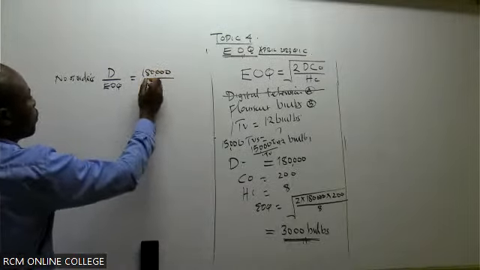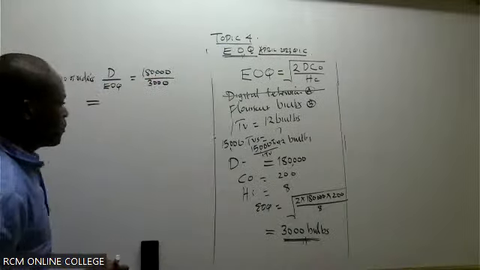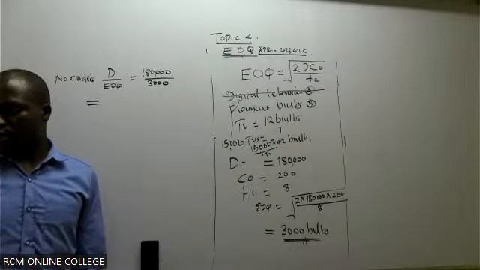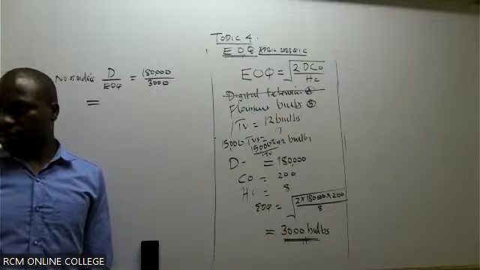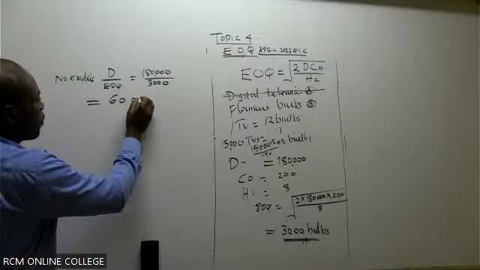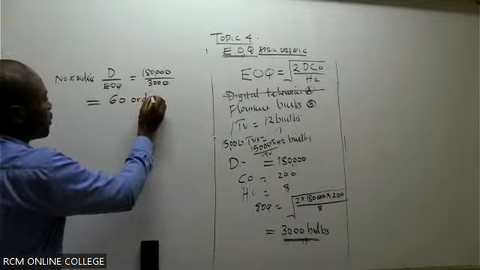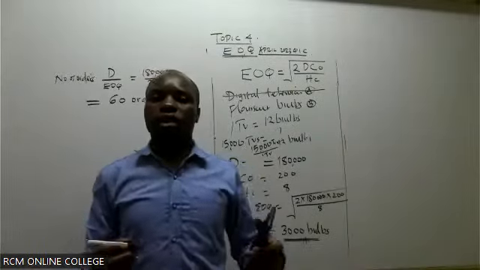We divide by economic order quantity, which is 3,000. How many orders do we have there? We have 60 orders that they're supposed to make for the entire year.